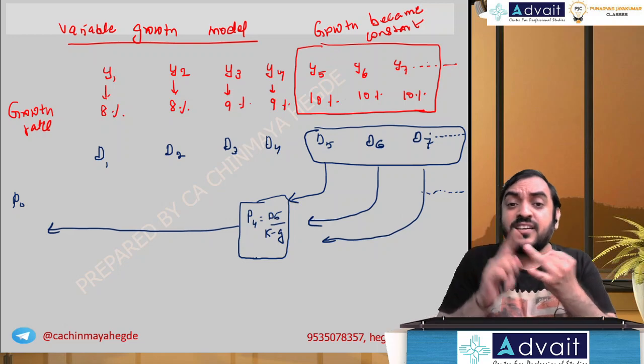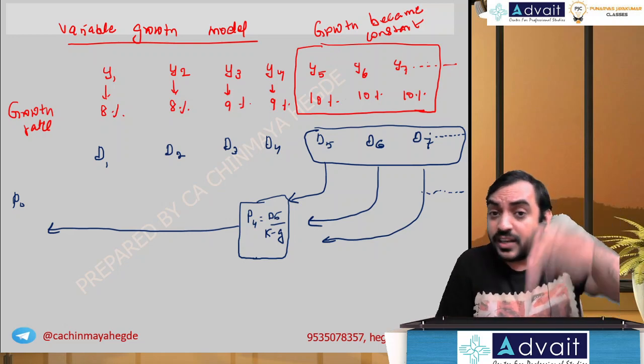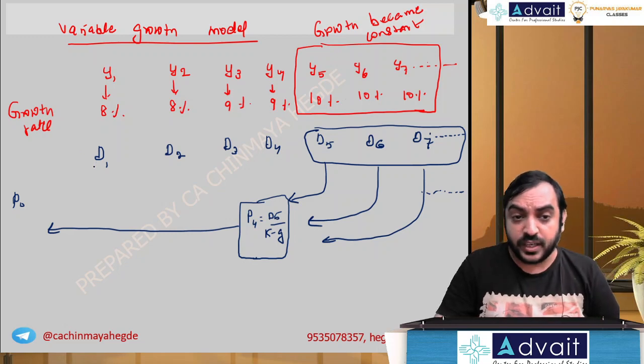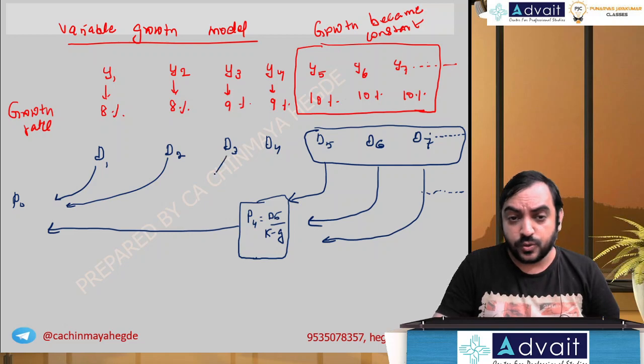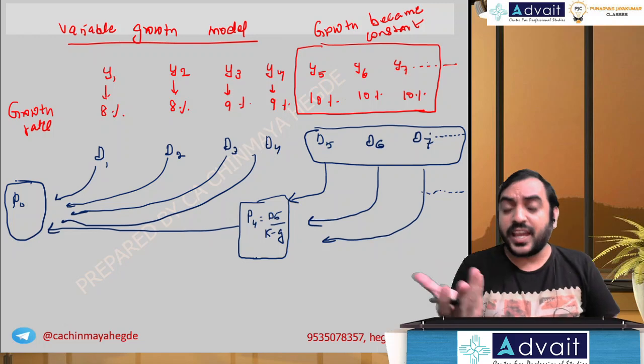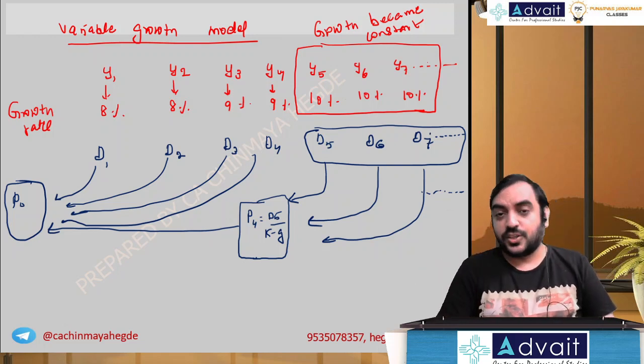But what about D1, D2, D3, D4? They are not included in P4. Therefore, those have to be discounted separately. Then you can sum all these things. That sum total is what you get: intrinsic value IV, or P0.